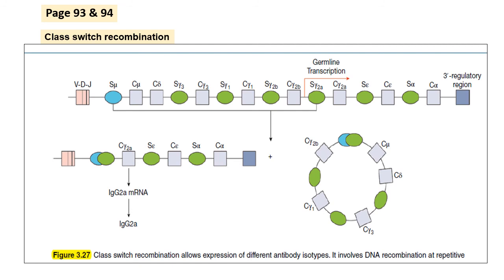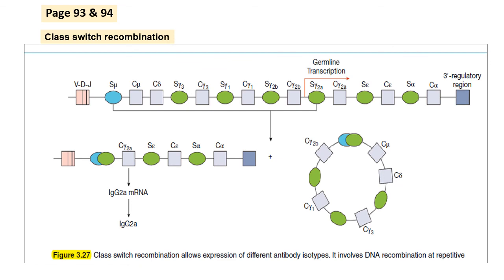The switch recombination occurs between the switch regions, the S regions. Here you can see in the figure S mu, S gamma 3, S gamma 1, S gamma 2b, S gamma 2a, and so on, S epsilon, S alpha. Here, the S regions are repetitive sequences.